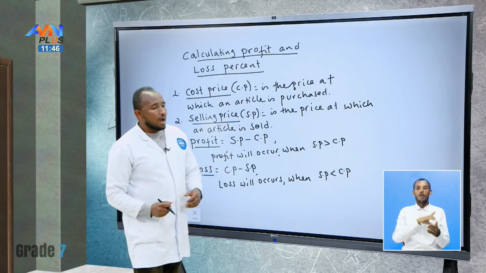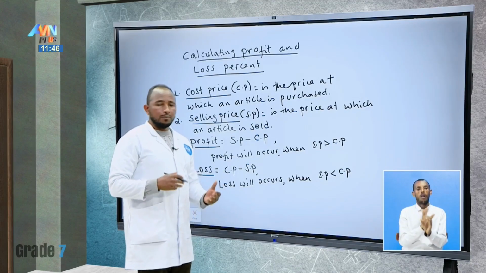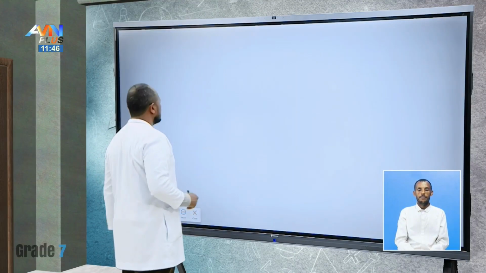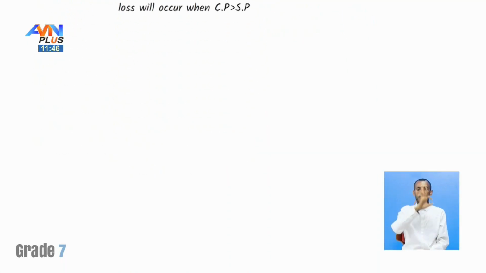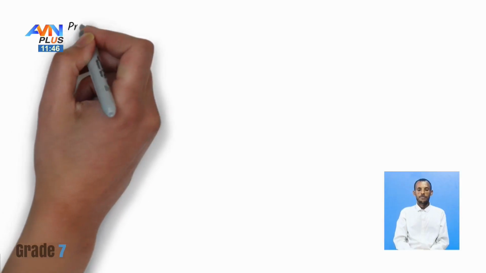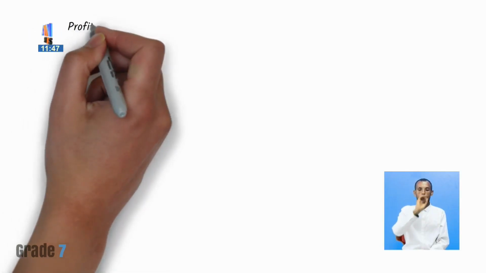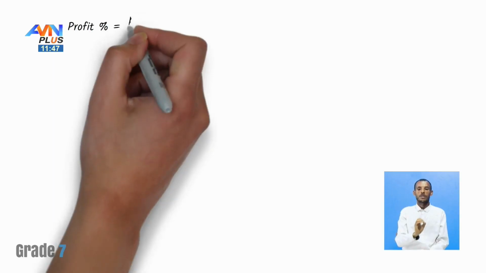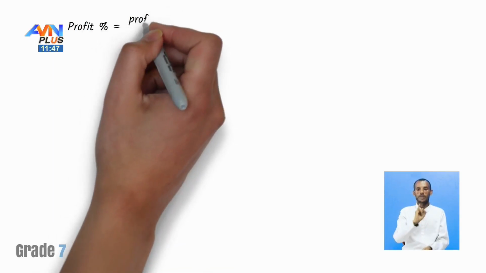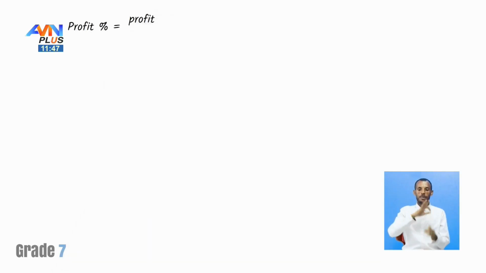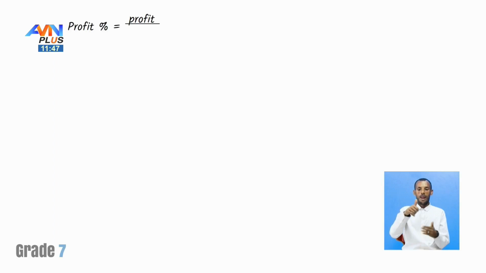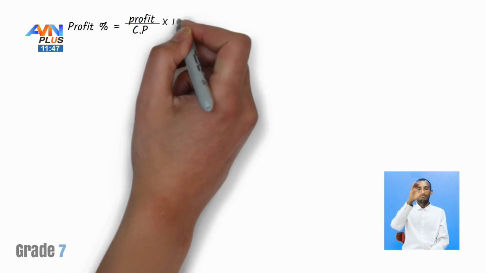Now, let's see how to calculate profit and loss percent. Profit percent. To calculate profit percent, you simply divide the profit amount by the original cost, or cost price, and then you multiply this by 100% to convert it into percent.